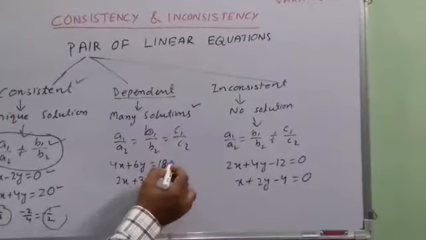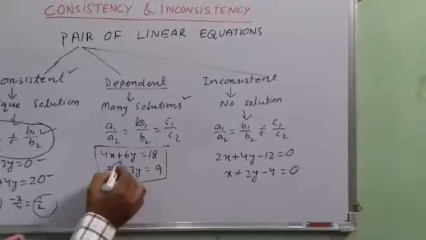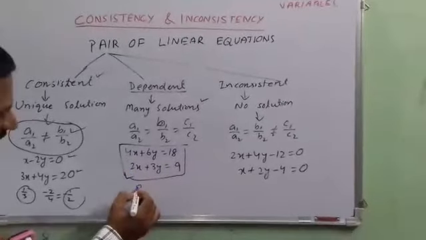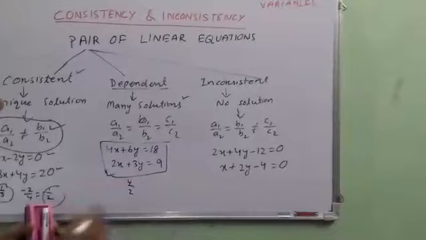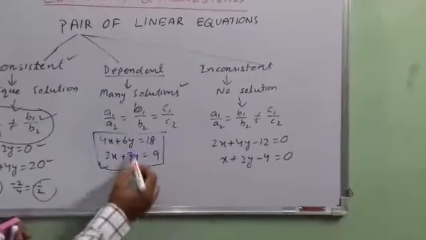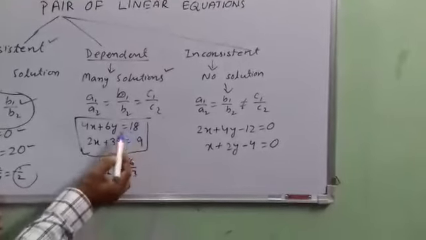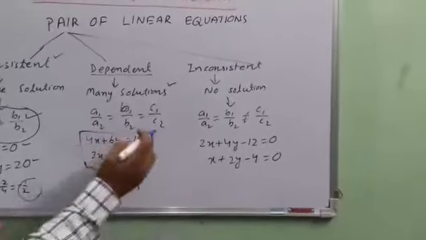As we have seen in the second graph, 4x plus 6y equal to 18. Here you can see a1 by a2, that is 4 by 2, and here b1 by b2 is 6 by 3, c1 by c2. And remember, if you want to find c1, you have to take it to the left side.